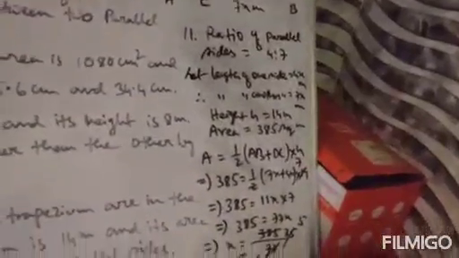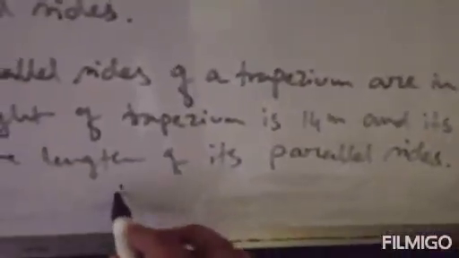x equals 5. That means we have to find the lengths of the parallel sides. One is 7x and another one is 4x. Just put the value of x and get your answer.